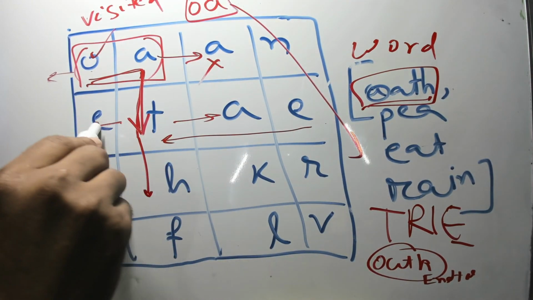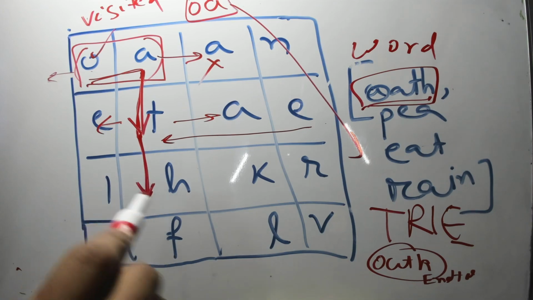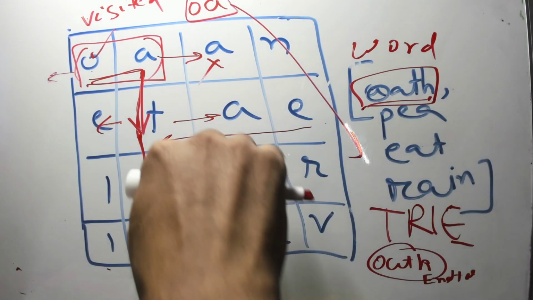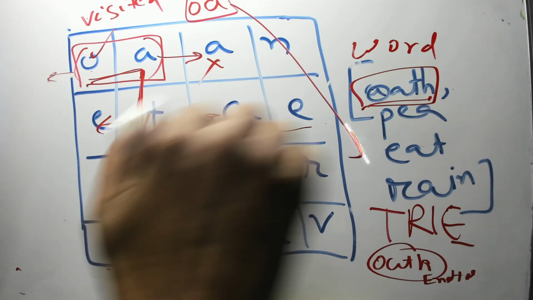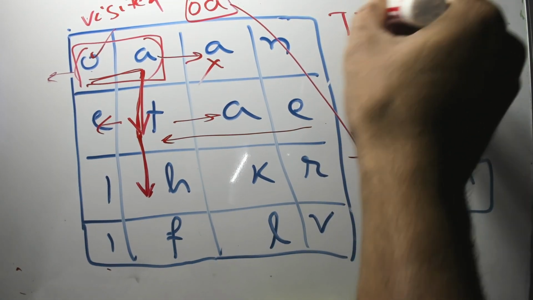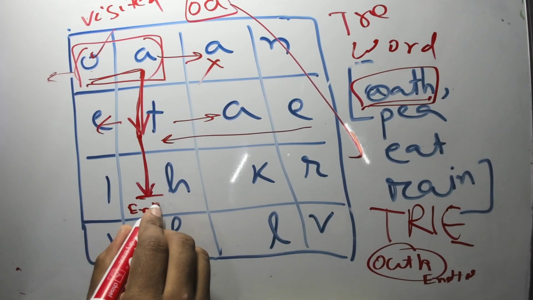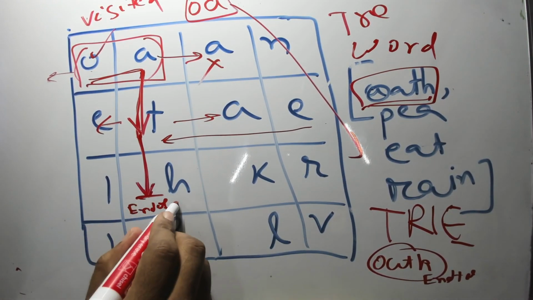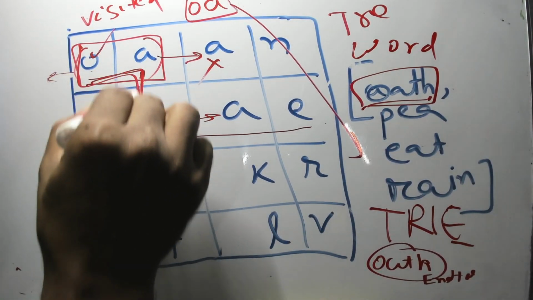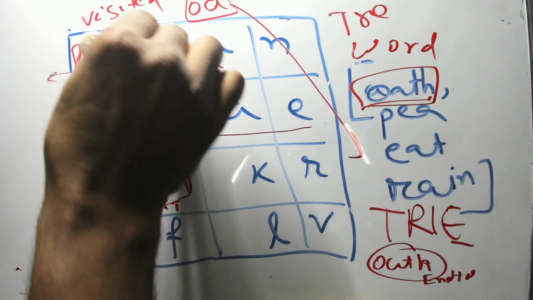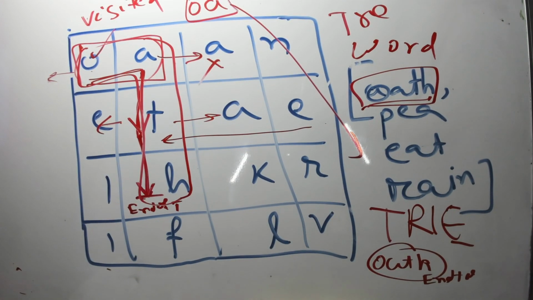This will fail, this will fail, but when it moves to h, it's going to find oath in our trie, and at that particular time our end of word in the trie will become true. So then we can add this particular word to our result. Hope you're getting the idea, because it is becoming a little bit messy here.